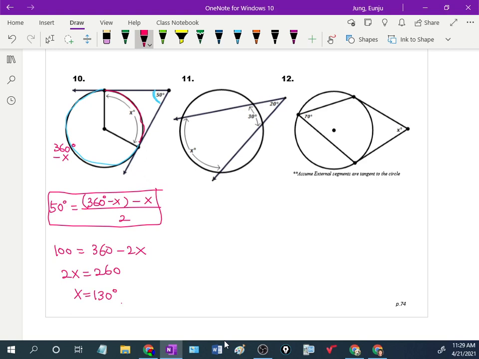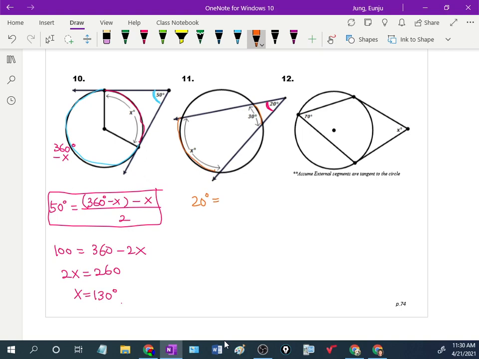Next question, number 11. We are not finding this angle here, right? It is already given. So the problem is a little bit higher level than finding this angle directly. So let's think about what to do. To find 20 degrees, what do I need to do? Subtract angles here and then divide by 2, right?